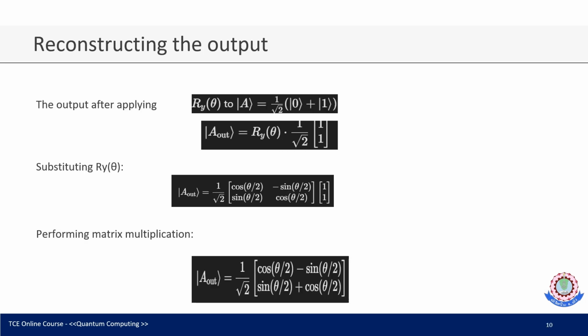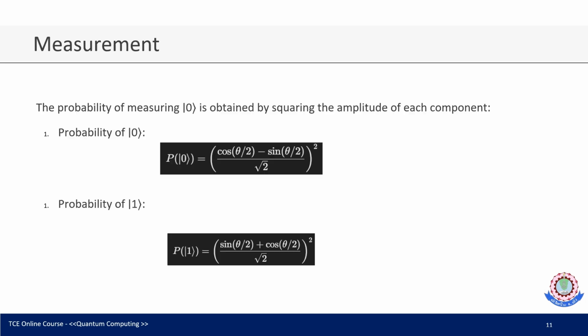The output layer is applied here: |out⟩ = Ry(θ) · 1/√2 [1, 1]. Substituting Ry(θ) and performing the matrix multiplication, finally we get |out⟩ = 1/√2 [cos θ/2 − sin θ/2, sin θ/2 + cos θ/2].